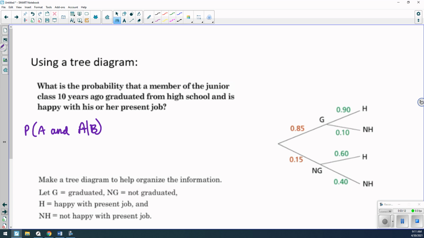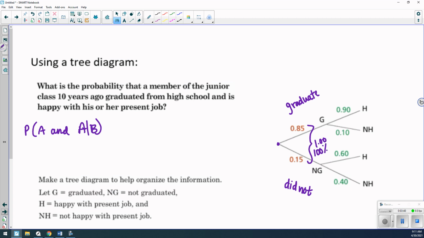So using this tree diagram, where this is all of the students in the junior class 10 years ago, we can branch off into two branches, the graduated branch and the did not branch. So that's what NG stands for, not graduate. Notice that 0.85 and 0.15 add up to 1.0, so that takes into account 100% of the members of that class.